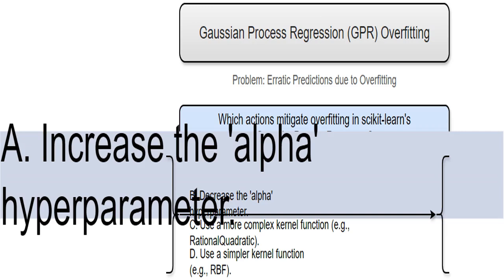Increasing alpha means we're telling the model that there's more noise. This forces the model to generalize better and be less sensitive to small variations, reducing overfitting. It's like adding some extra margin for error to make the model more robust.